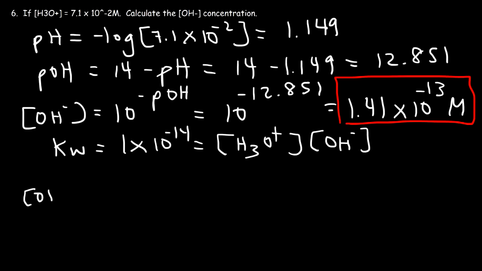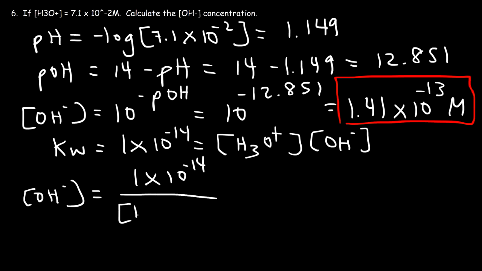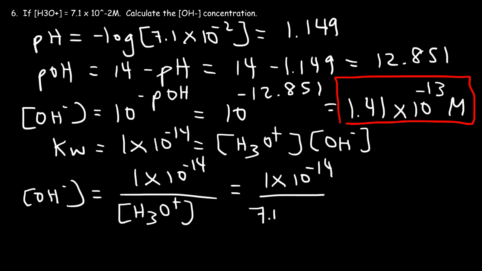So the hydroxide concentration is going to be Kw divided by the H3O plus concentration. So it's 1 times 10 to the negative 14 divided by 7.1 times 10 to the minus 2. And so you get the same answer, 1.41 times 10 to the negative 13.